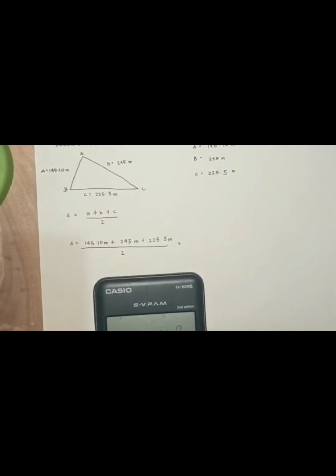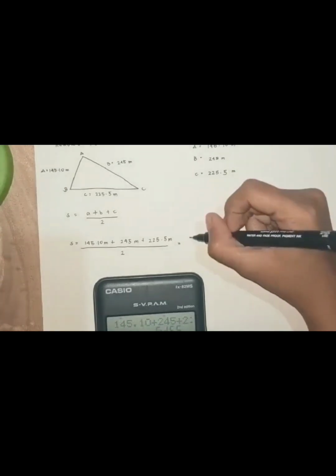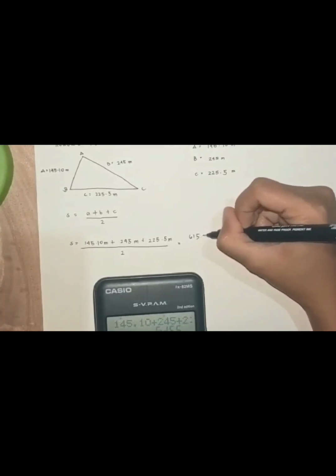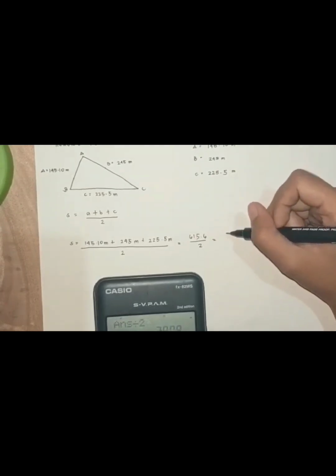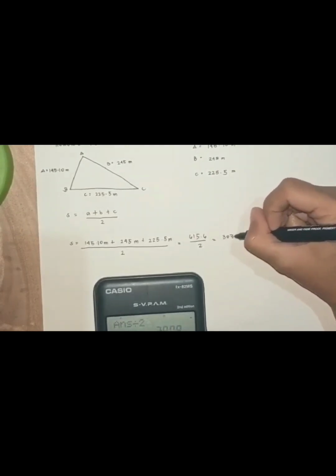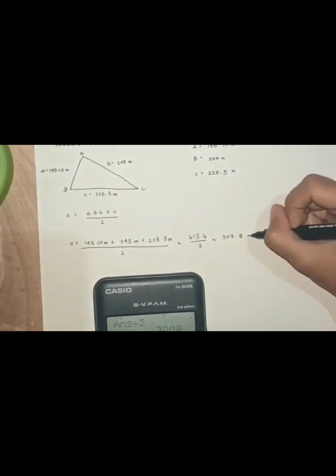And then we will add 145.10 plus 245 plus 225.5 is equal to 615.6 over 2. And then we will divide 615.6 divided by 2. The final answer is 307.8 meter.